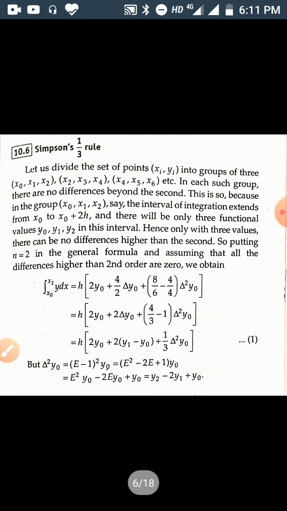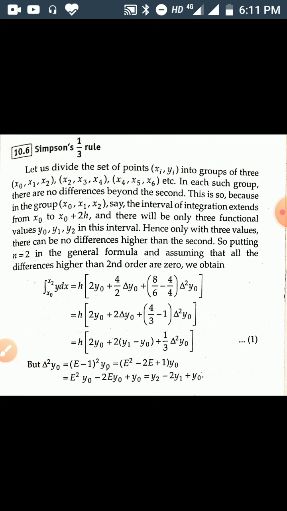So first we will derive Simpson's 1 by 3 rule. For this, let us divide the set of points xi, yi into groups of 3: x0, x1, x2; x2, x3, x4; x4, x5, x6, etc. In each such group, there are no differences beyond the second, because in the group x0, x1, x2, the interval of integration extends from x0 to x0 plus 2h.